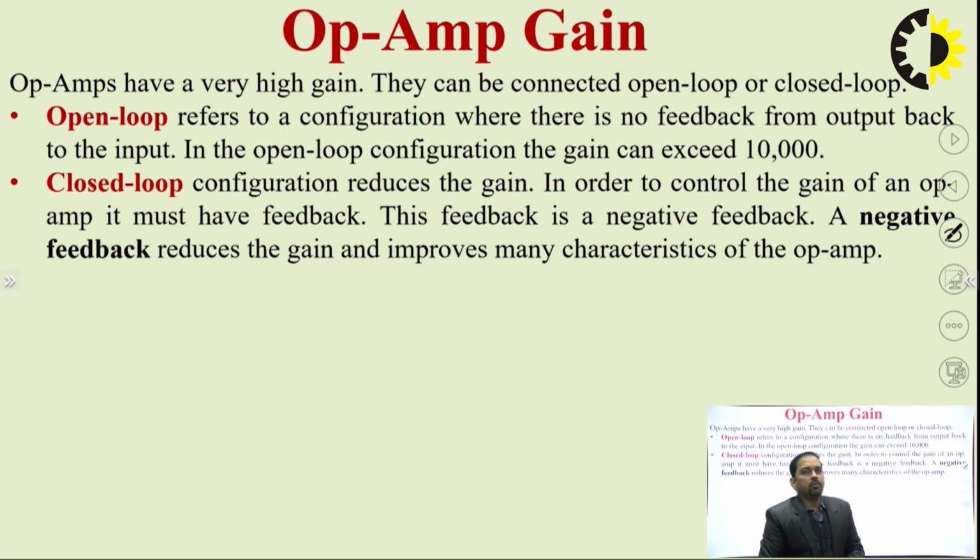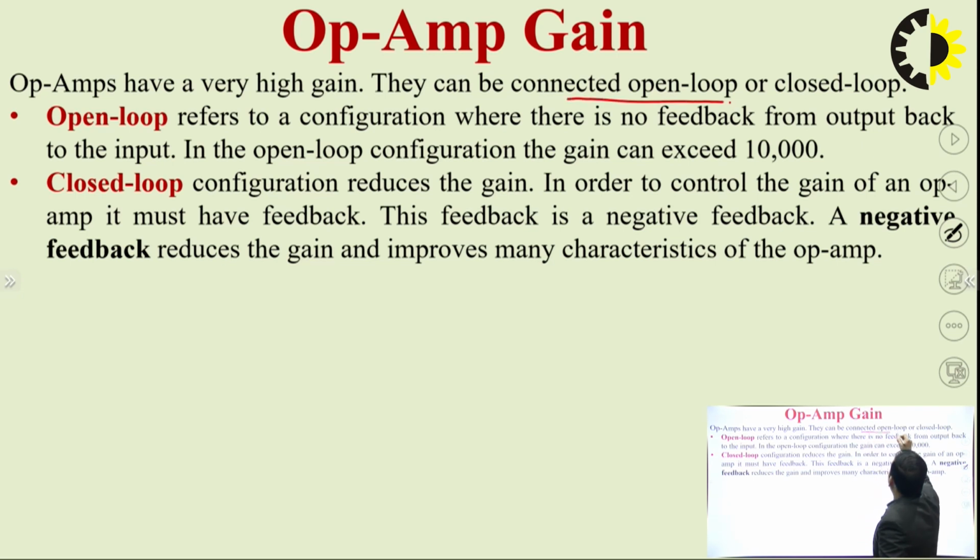Now we'll talk some more about the gain. As the op-amp has a very high gain, it can be connected in an open loop or in a closed loop manner.